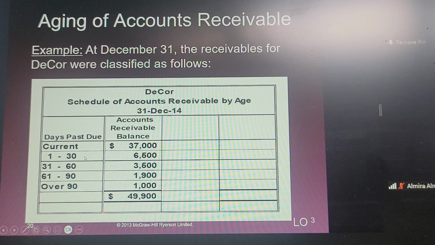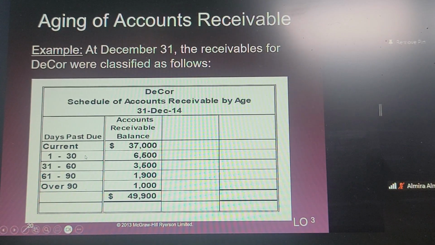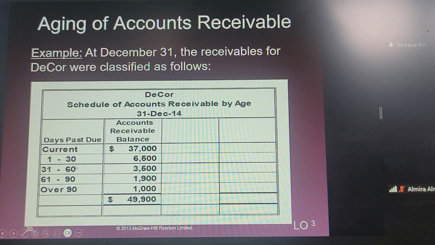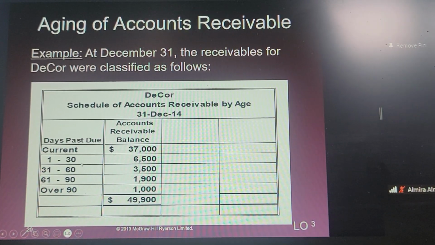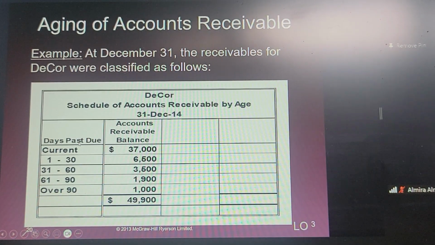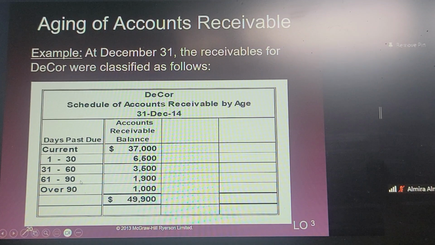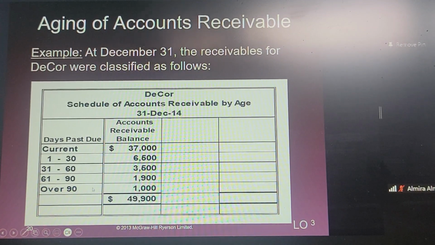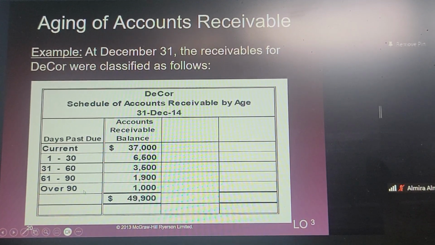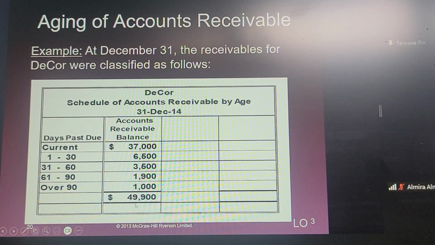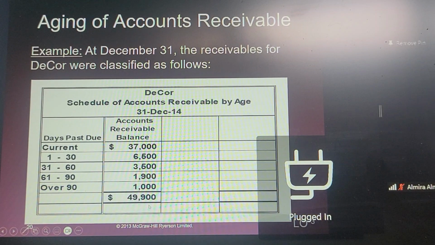Between 1 day and 30 days past the due date, I have 6,500. I have 31 to 60 days past the due date, this much. Between 2 and 3 months, this much. And I have past the due date by 3 months, 1,000. So the total is 49,900.